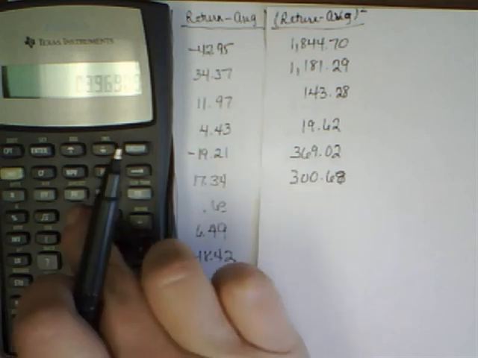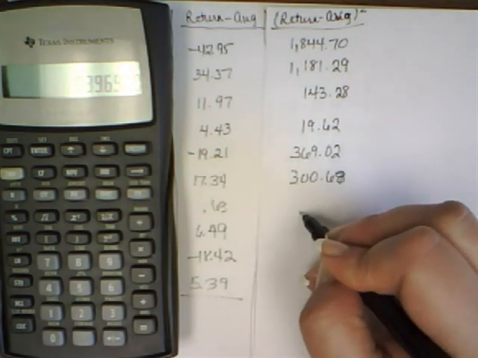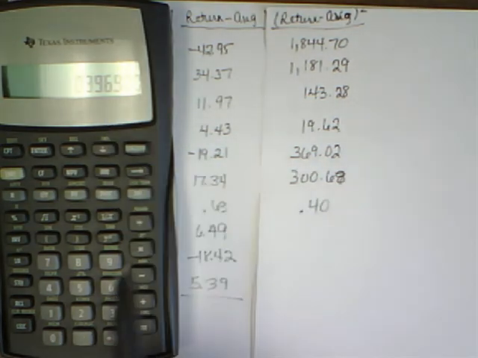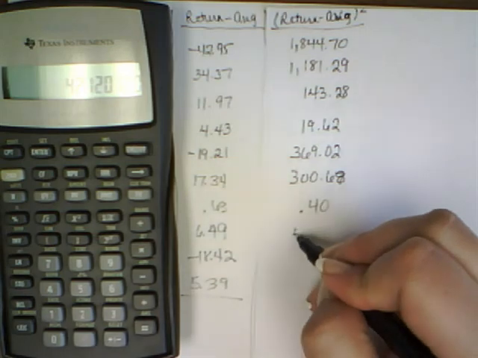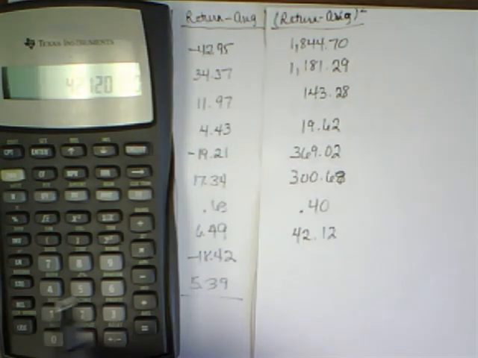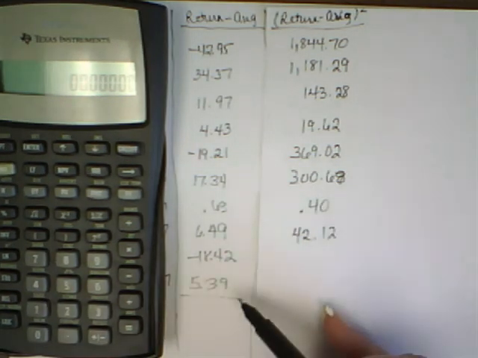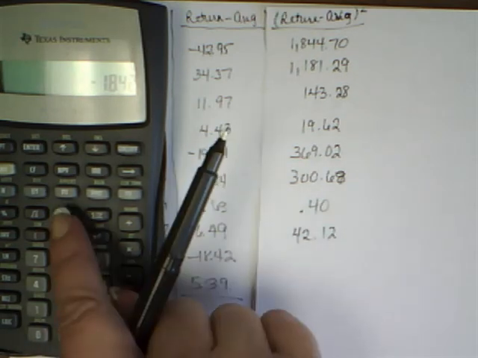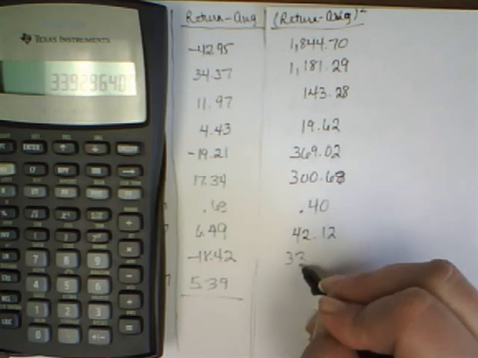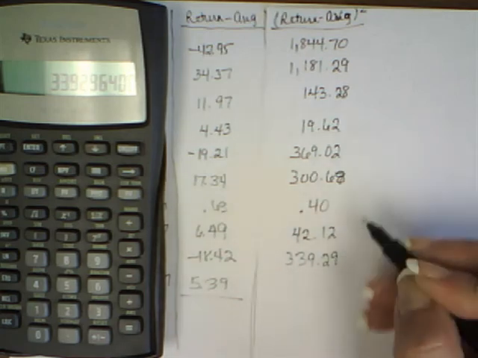0.63 squared gives us 0.40, 0.3969 rounded up. 6.49 squared gives us 42.12. Again, another negative number here: 18.42, hit the negative sign, hit the x squared button, and you get 339.29.